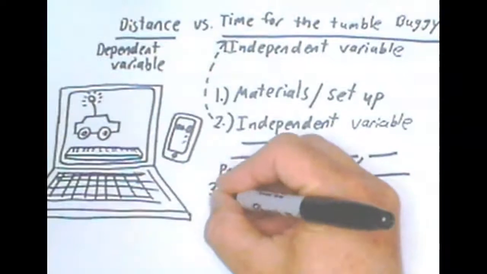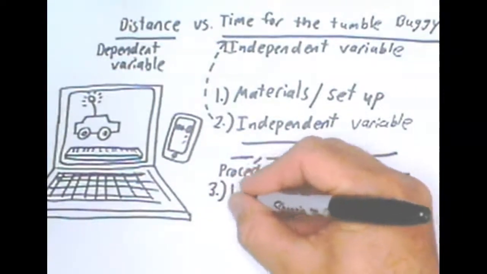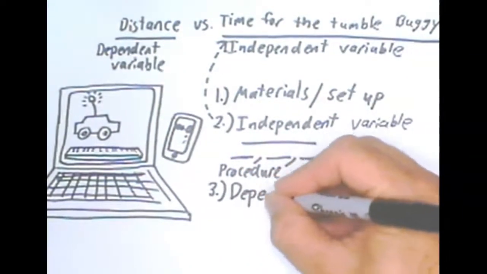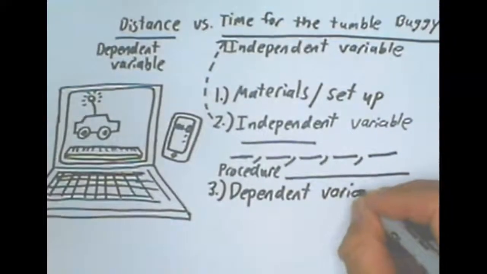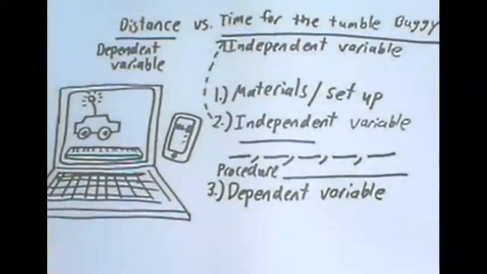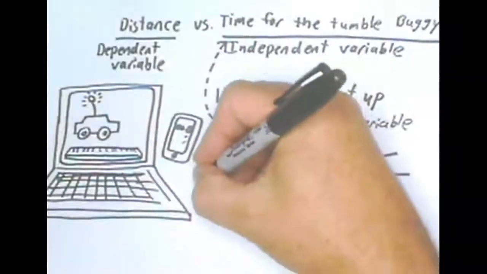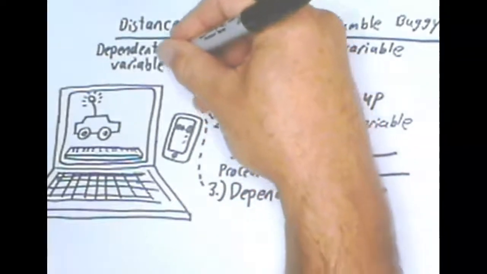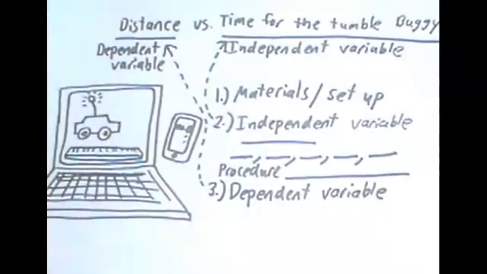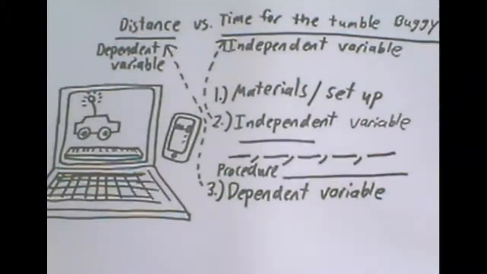When you get to step 3, that's your dependent variable. Your dependent variable, just like the independent, is very nice because it is already done for us. It's the first part of our title, so you have to mention what that is.